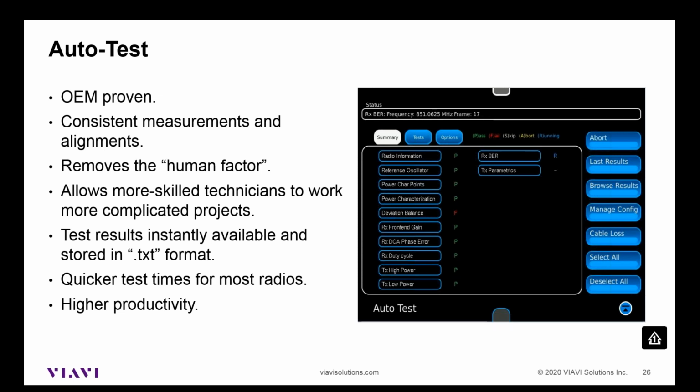Now they can update the firmware in the mobile and reprogram it and go install it. By the time everything's done, they've been busy the whole time, but everything kept moving, and they were able to accomplish more than one task in that amount of time. So while the radio's testing, you can go install a light bar if you need to, or do any number of other things that need to be done while Autotest is doing its thing.